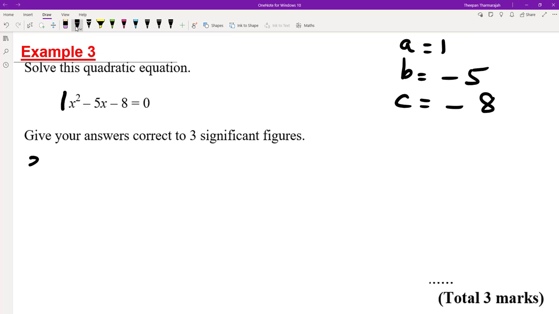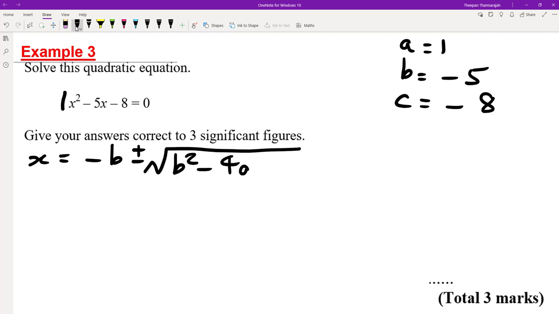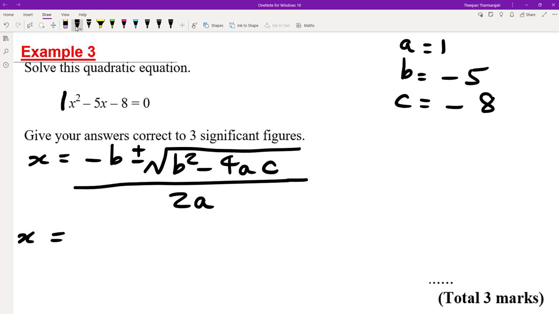So we can write down the quadratic formula, which is minus b plus or minus the square root of b squared minus 4ac, all divided by 2a, like so. Let's substitute the values in now. So minus of -5, be careful, is positive 5, plus or minus the square root.